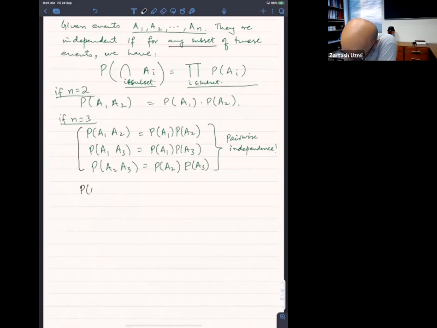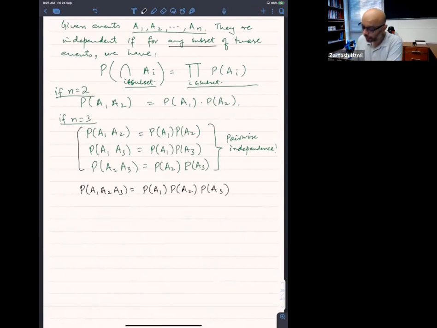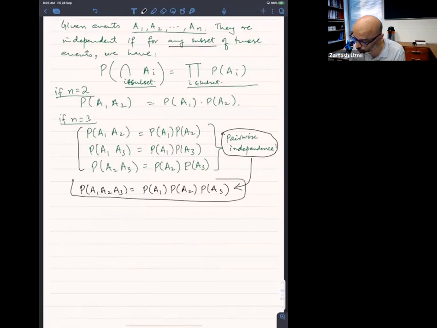So I also need probability of A1 A2 A3 to be equal to probability of A1, probability of A2 into probability of A3. Sometimes it may happen that you have pairwise independence, but the three events together will not be independent because the last equation will not be satisfied.